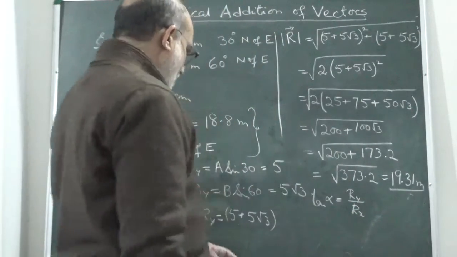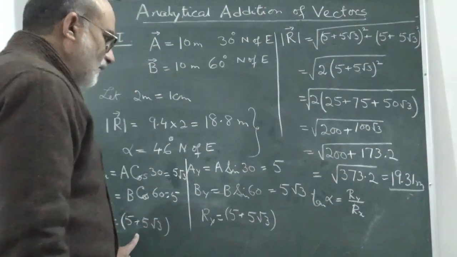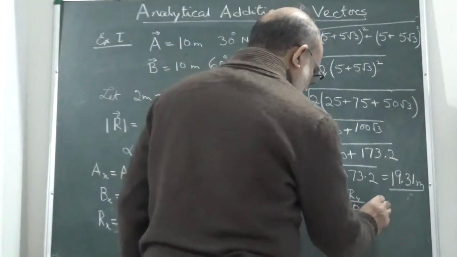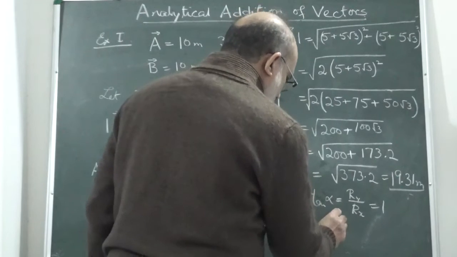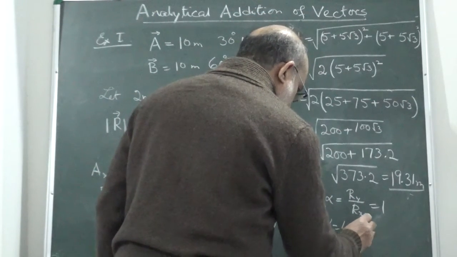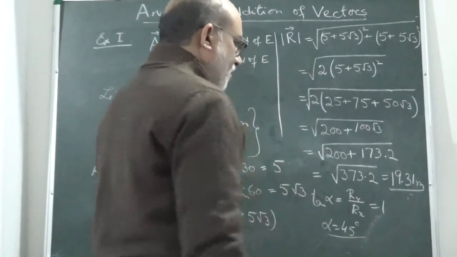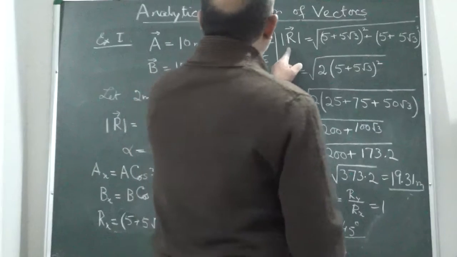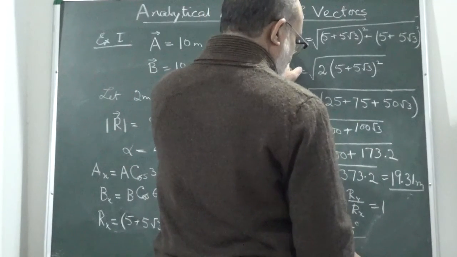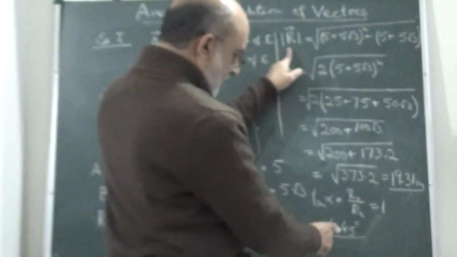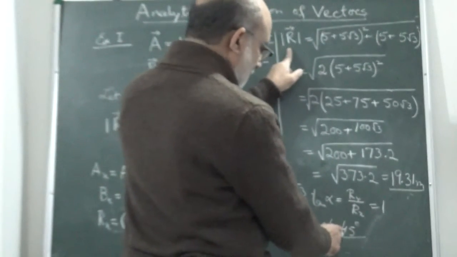Both the values of Ry and Rx are same, so that comes out to be 1. And tan alpha 1 means alpha is 45. So you have found that the result of the analytical calculation gives you the magnitude 19.31 and the angle 45 degree making with the x-axis.